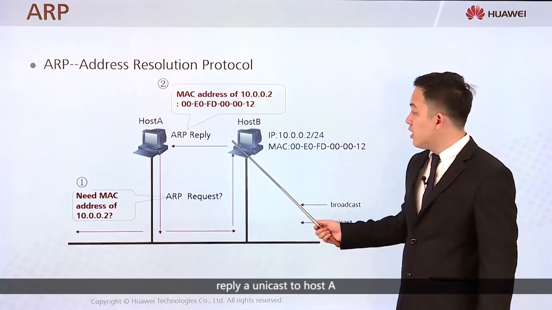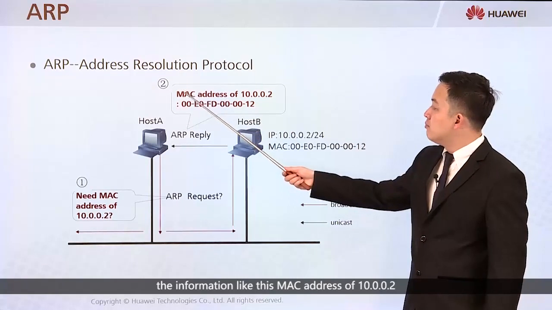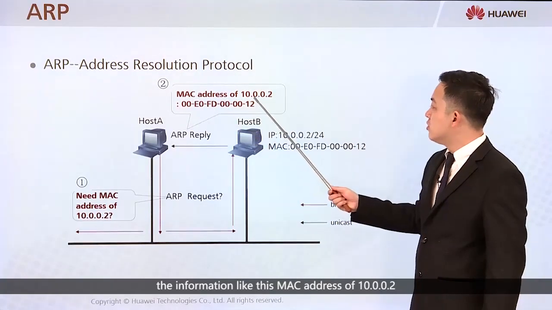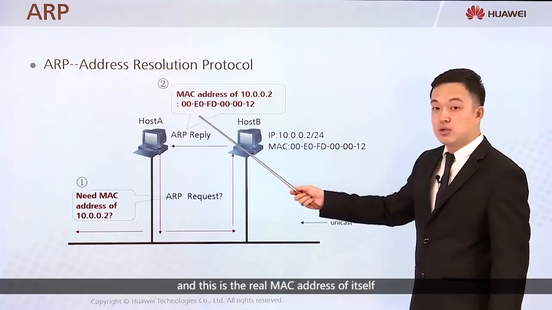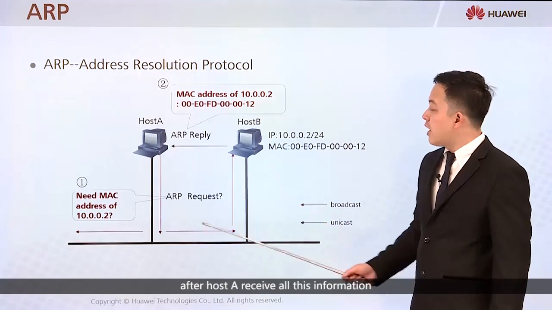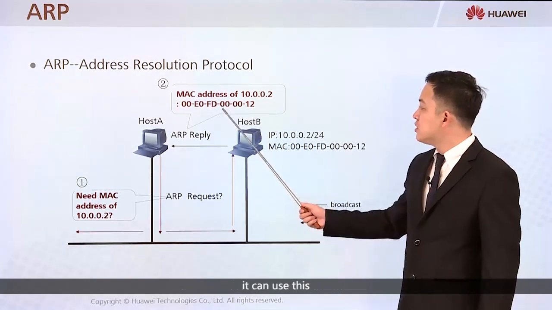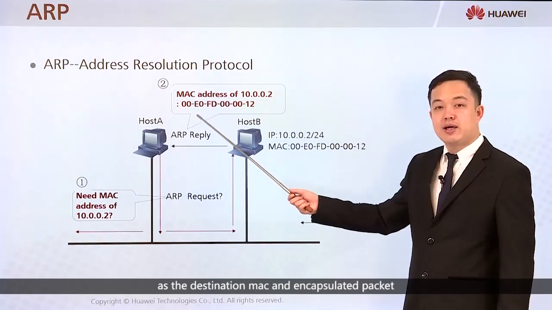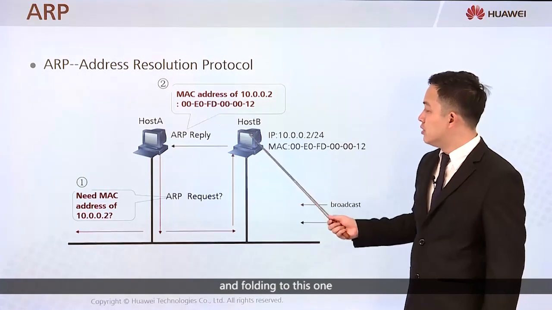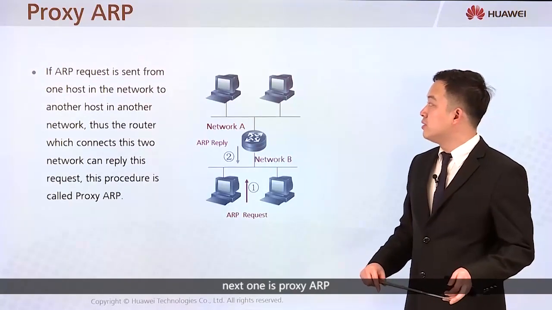Host B replies with a unicast to host A. The information is like this: the IP address 10.0.0.2 and the real MAC address of itself. After host A receives all this information, it can use this as the destination MAC, encapsulate the packet and forward it to this one.